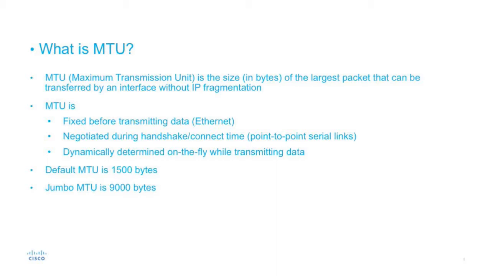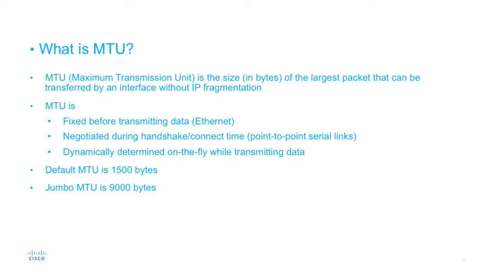So there are three ways MTU is decided or set by the interface. It's fixed before transmitting data. Ethernet, you can either configure it or use a GUI and do it, in the case of UCSM that I'm going to show in my next slide. It can be negotiated during handshake or connect time.